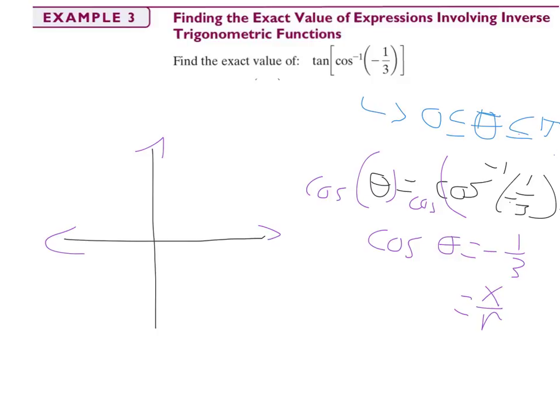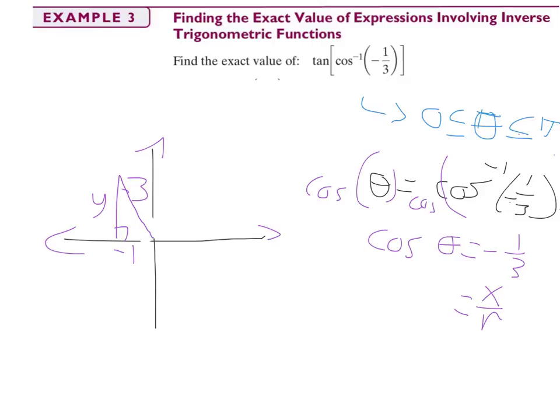Since the radius of a circle can never be negative, that means the x displacement, let me draw it better, the x displacement is negative, the radius is positive. So x displacement is negative 1, the radius is 3, and here's the y displacement.